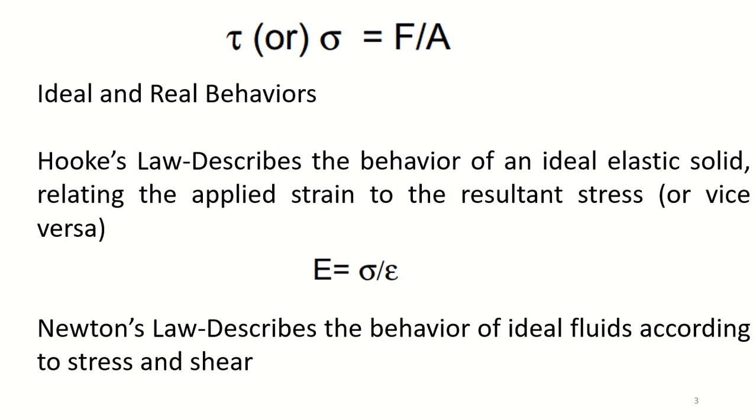The SI unit of stress is the pascal. Tau or sigma is equal to F over A, while strain is the distance a sample moves in response, relative to sample length. It has no units. So this is a ratio, and it does not possess any kind of units.